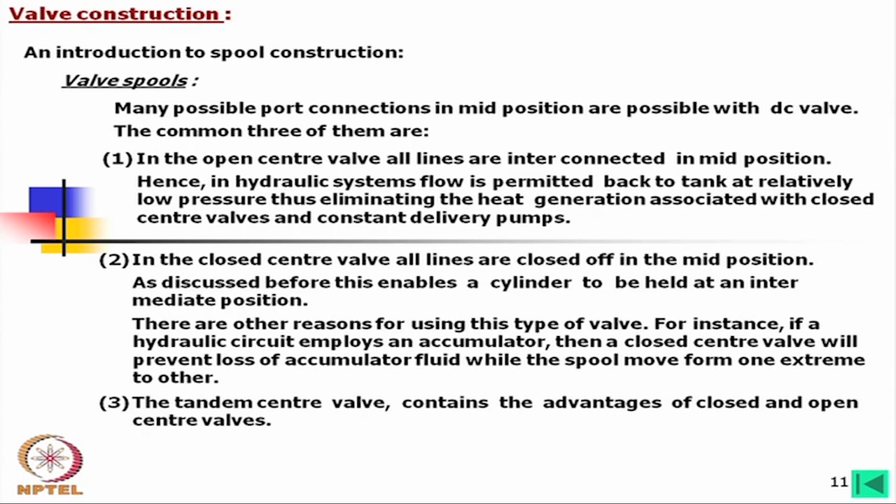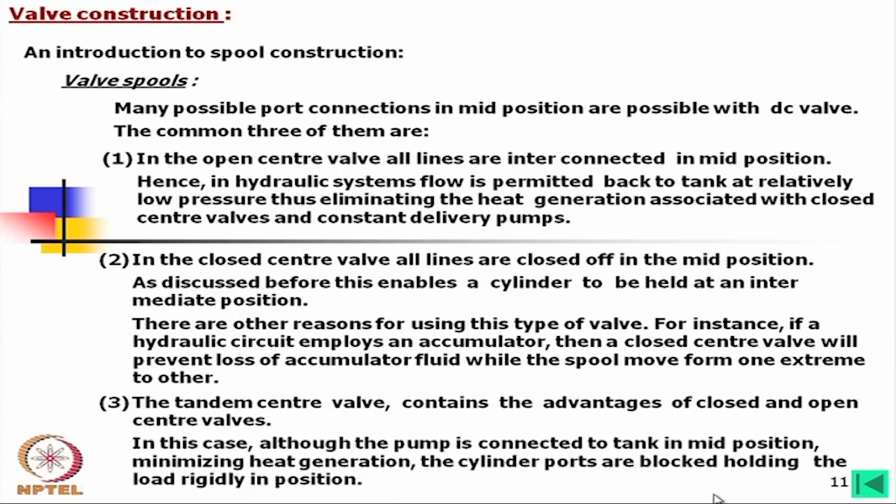The actuator side center will remain closed, but the pump to tank will remain open in the case of a tandem valve. That saves the energy as well as keeps the workload at current positions, but by that we lose some other advantage of being a closed center valve.